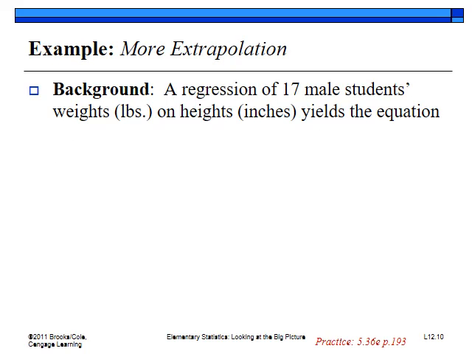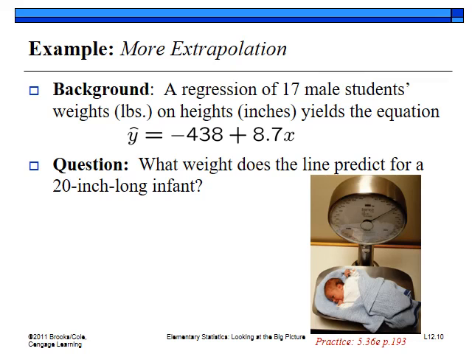For example, if we create a regression line based on male students' weights and heights, we get the equation y hat, that's the predicted weight, is equal to negative 438 plus 8.7x, where x is the height in inches. What weight does the line predict for a 20-inch long newborn?